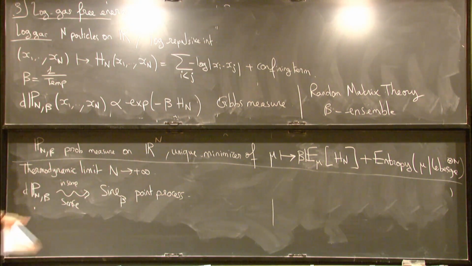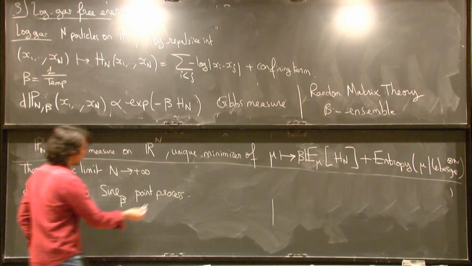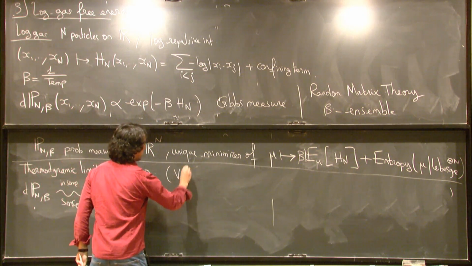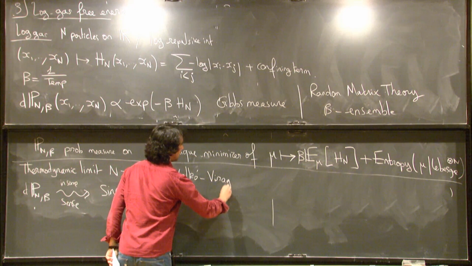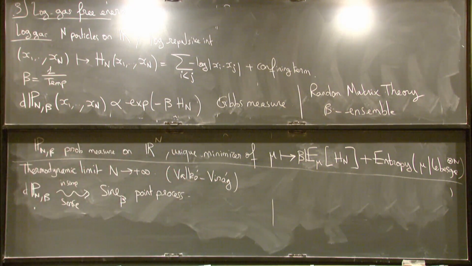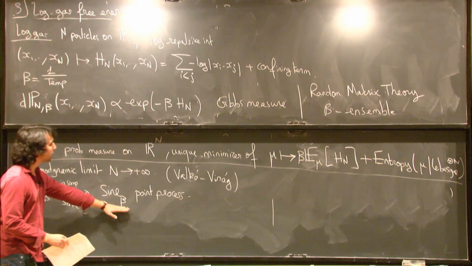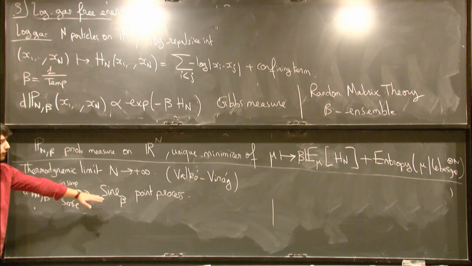And the fact that there exists a limit is a pretty difficult result by Benedek Valkó and Bálint Virág. Beta is 1, 2, 4. Yes, so it's general. The difficult part is that it exists for every beta.